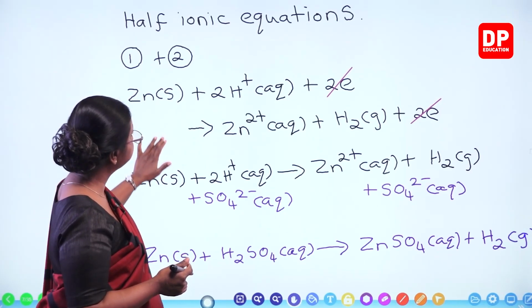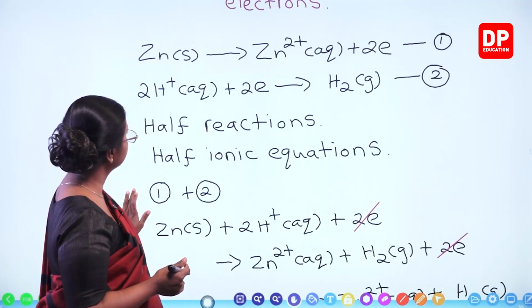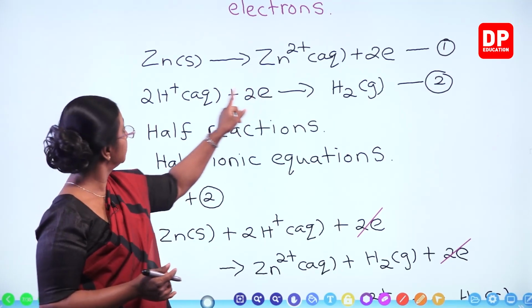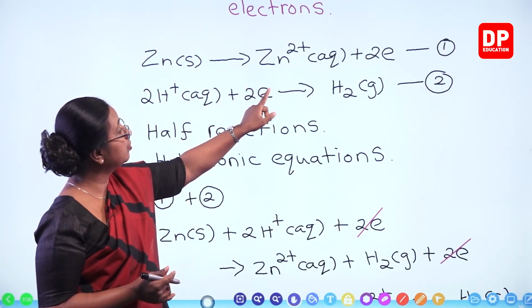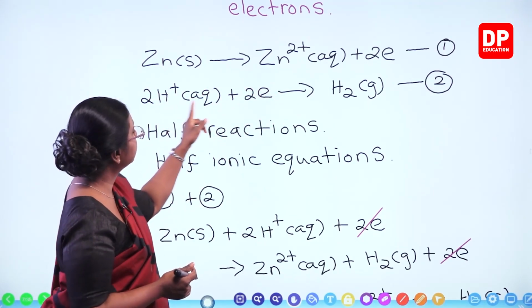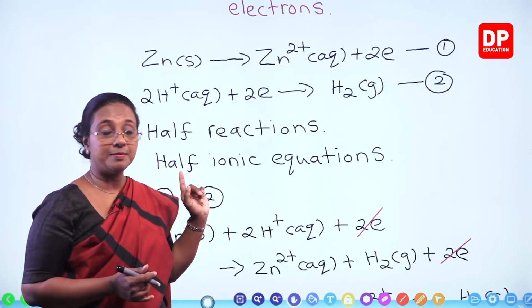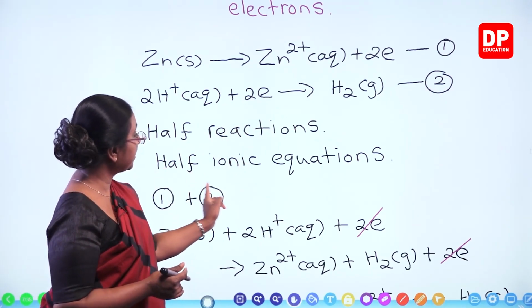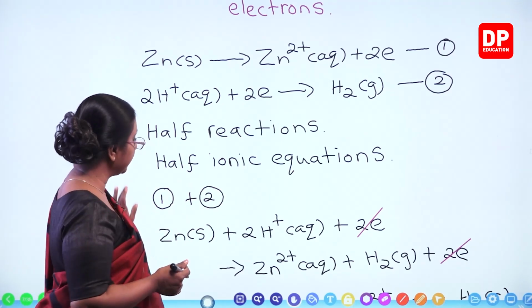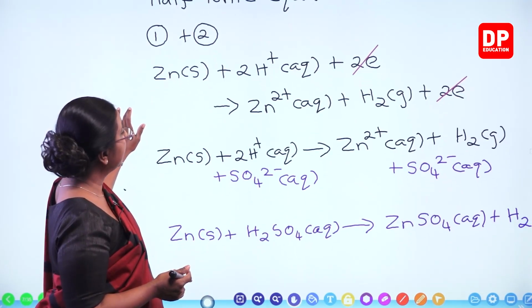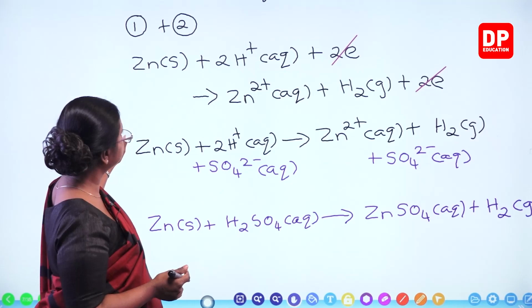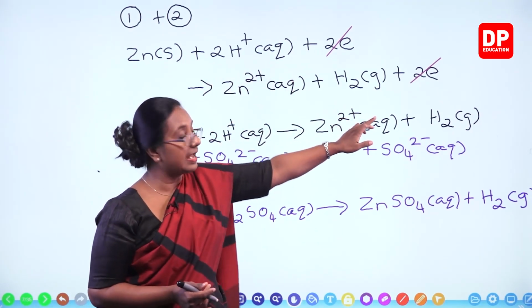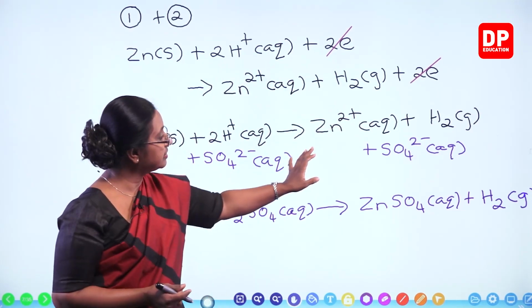So we have combined the reactions. These are the half reactions. Zinc becoming zinc 2 plus, losing electrons. Hydrogen ions taking up electrons and becoming H2 gas. Those are half reactions, and the equations are half ionic equations. And when you add them together, the electrons get cancelled off and you get this equation.